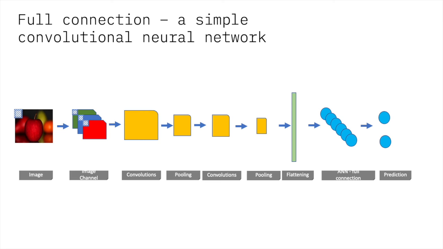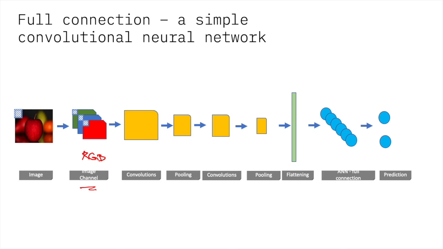So what you do is take an input image, and this is just recollecting everything that we have gone through so far. You begin with the original input image, and it's represented using its pixel values over the RGB channel. So that's the image channel.